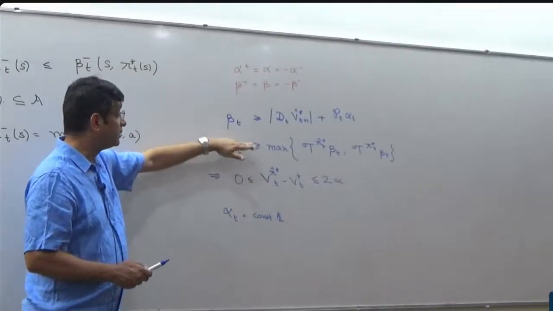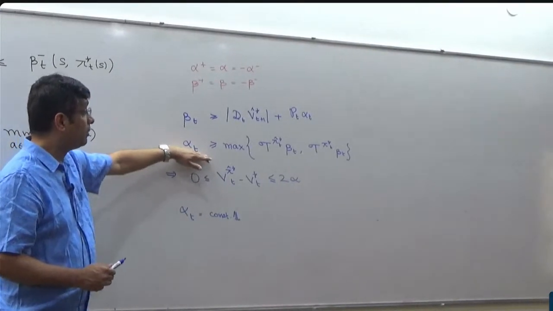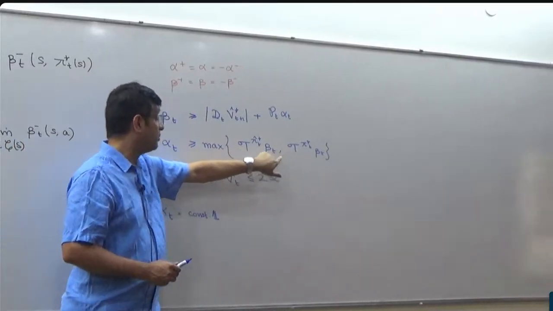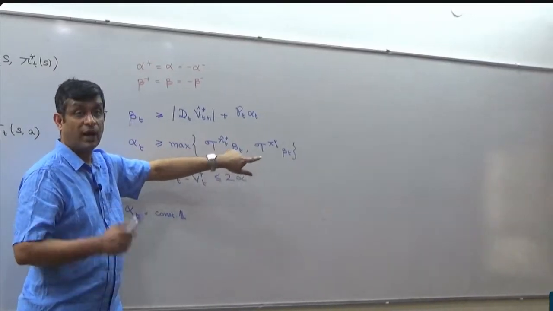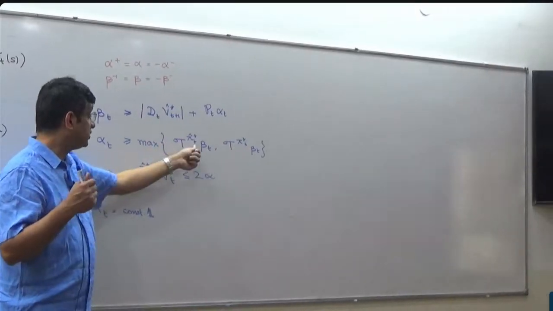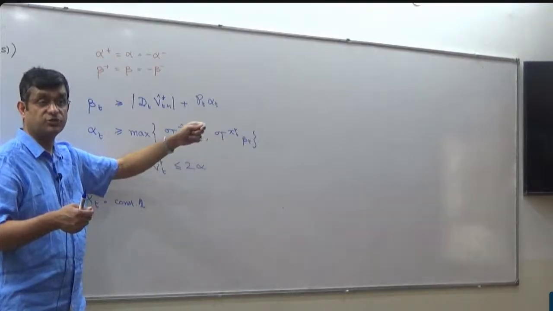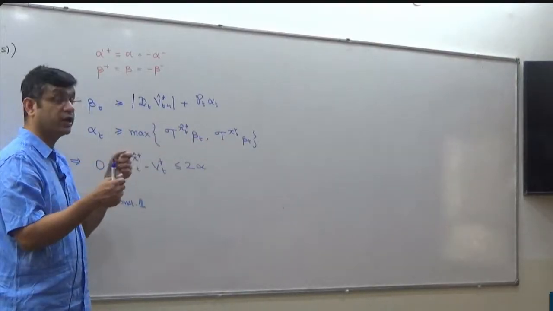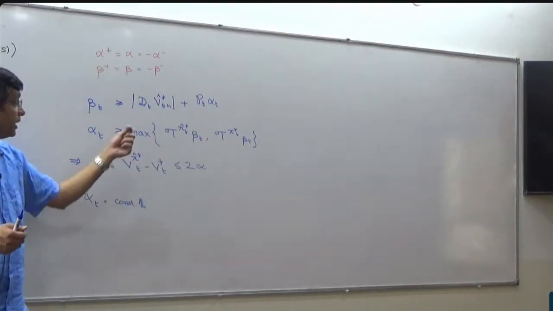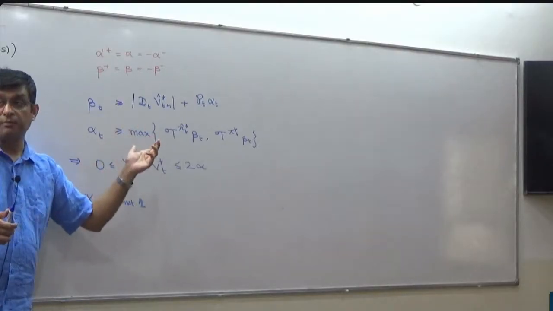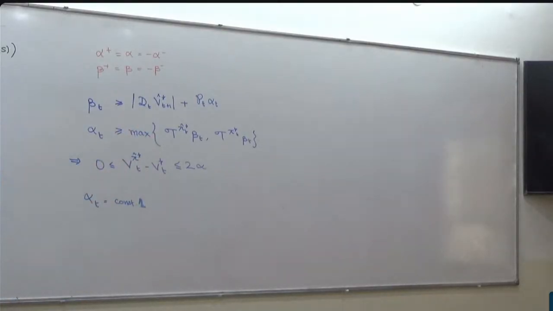But I am losing quite a bit because I am taking the maximum of both of these quantities, while in the other case I was selectively in the positive direction choosing something different, in the negative direction choosing something different. This forces me to take the worst of the 2. So, it gives a symmetric bound, but it will be a much weaker bound. Okay. So, now let us go to computations.